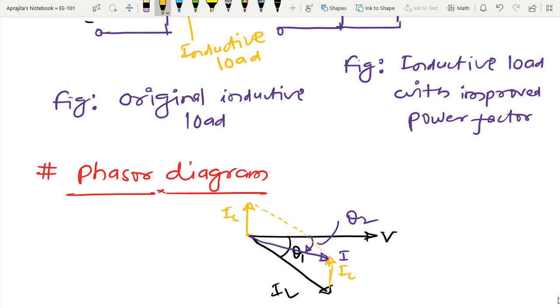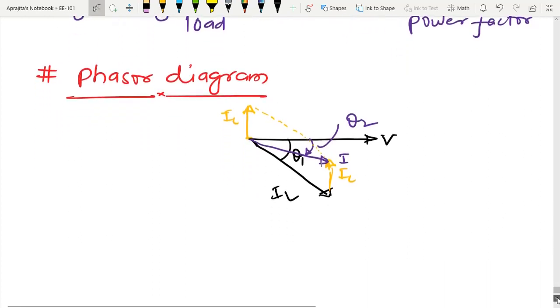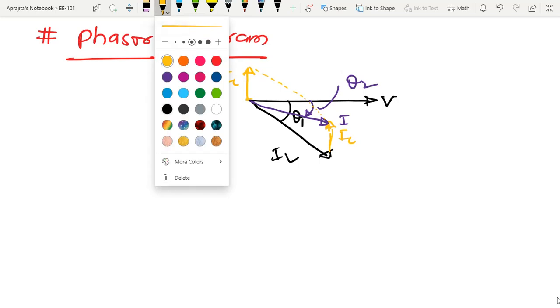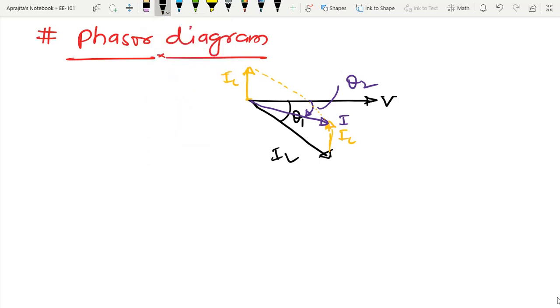You can see here, if IL is greater than I, then what happens? I have to pay more charge. Why? Let us try to see this point: this is the phasor diagram of the power factor correction. So in this diagram, IL is greater than or equal to I. Using this diagram, that is obvious.